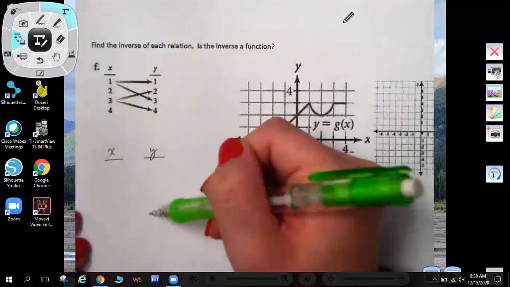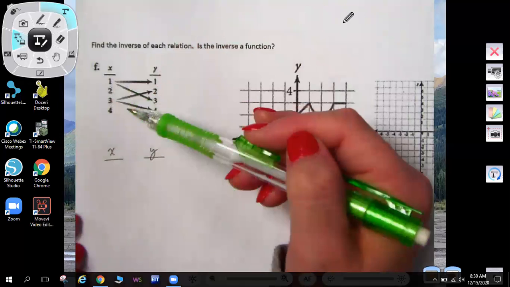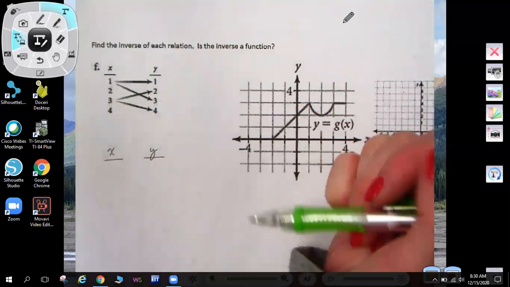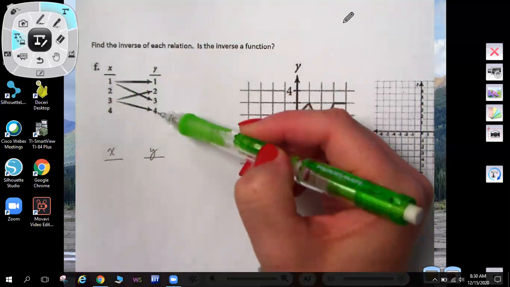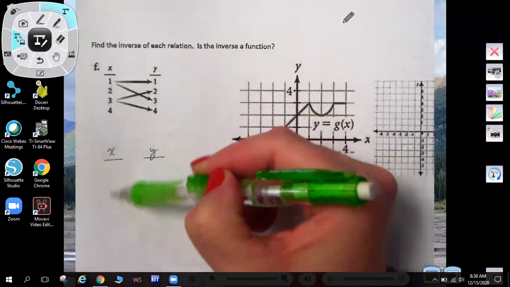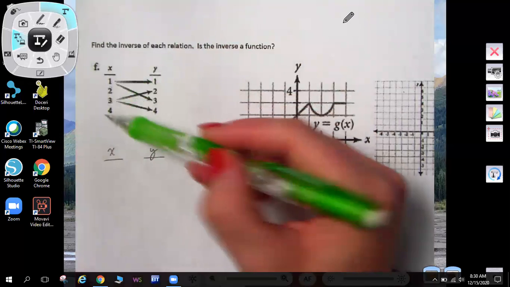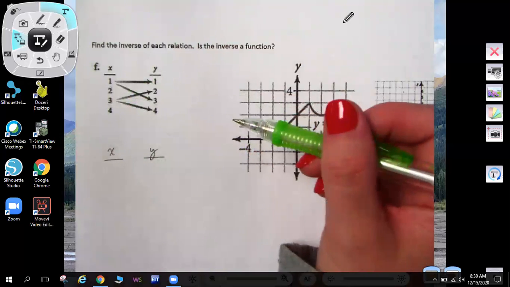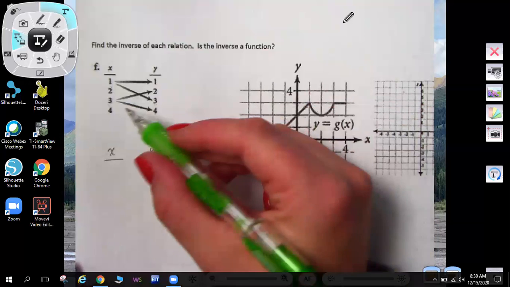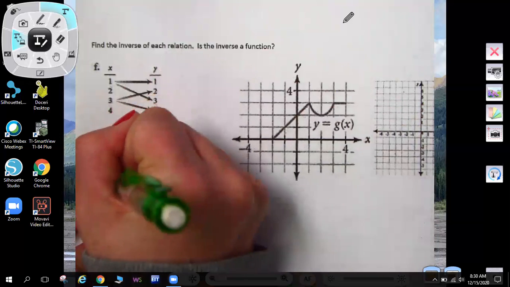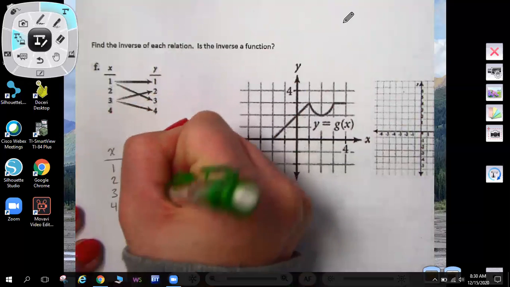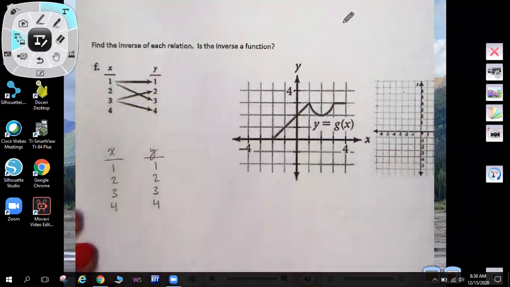Now, it's not going to look any different this time because they both just are 1, 2, 3, 4. But just for future reference, whatever numbers are in your y column are going to be put in your x column, and your x's become your y's. So they do switch, it just is not going to look like it here because they have the same numbers to begin with. So we have a new chart of our x and y values.